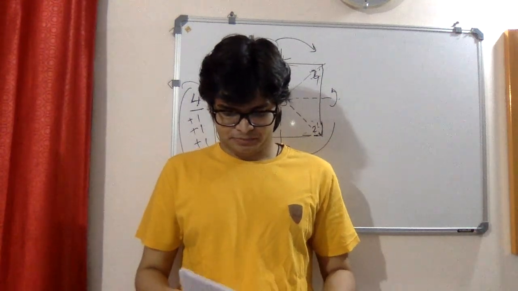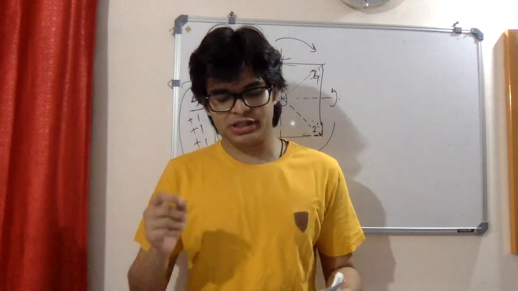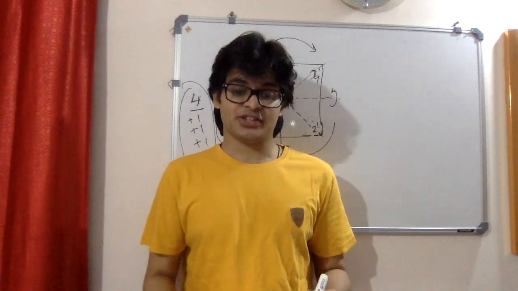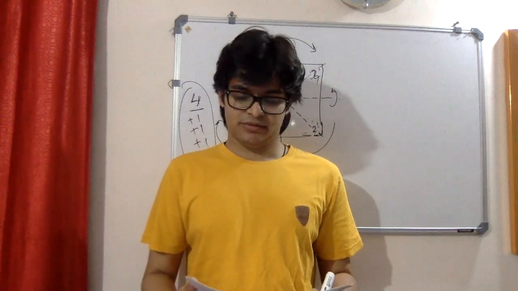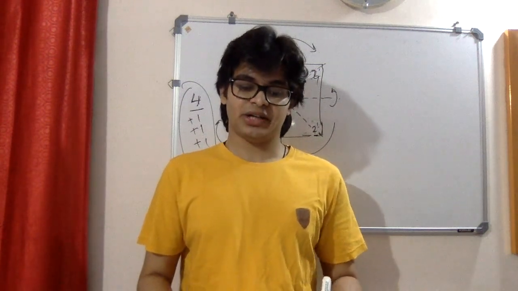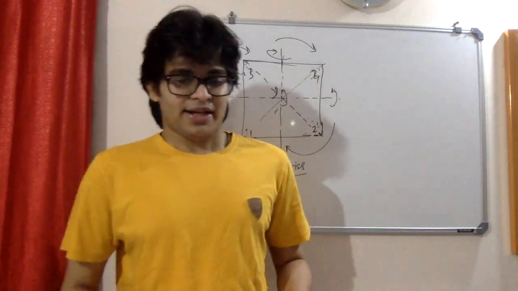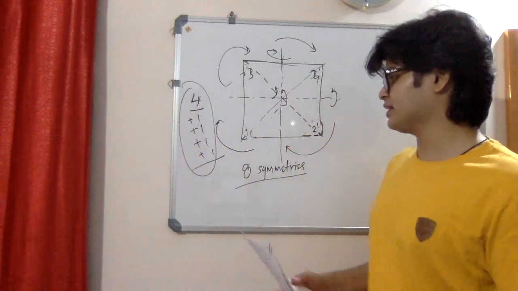So in terms of symmetries, the symmetry group is basically the set of all transformations which leave the polyhedron invariant or unchanged. By that I meant the same which I explained here.